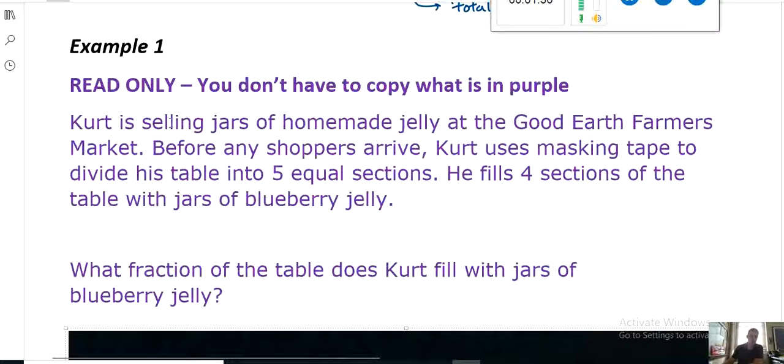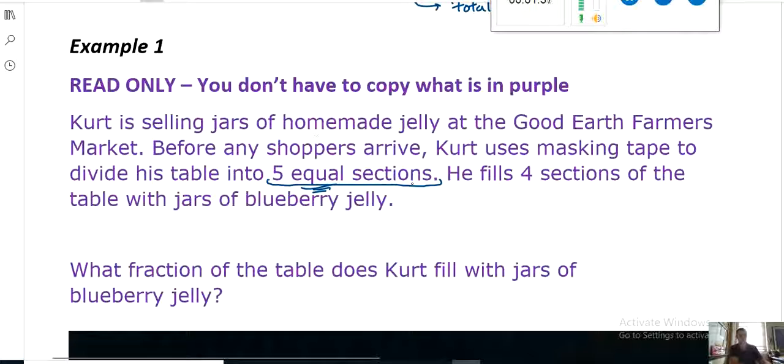So let's see, we have Kurt is selling jars of homemade jelly at Good Earth Farmers Market. Before any shoppers arrive, Kurt uses masking tape to divide his table into 5 equal sections. Equal is an important phrase here, because we have to remember the parts have to be of equal size.